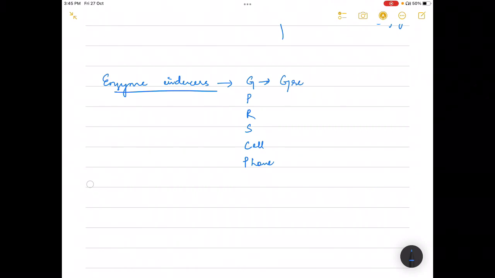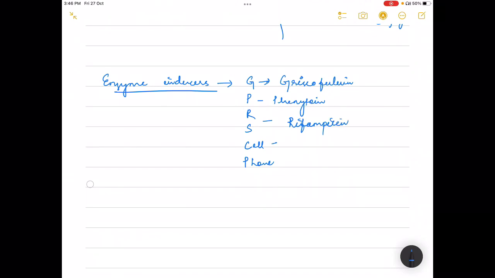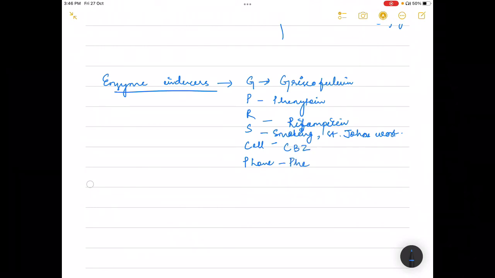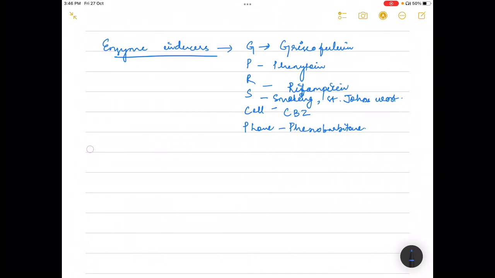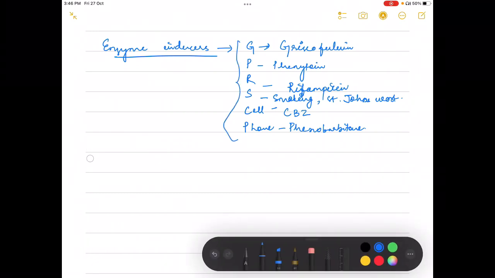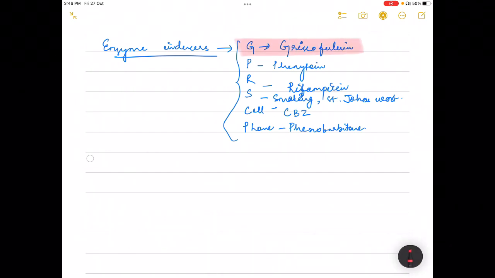For G, we'll remember griseofulvin, P for phenytoin, R for rifampicin, S for smoking and St. John's wort, C for carbamazepine, and P for phenobarbital. So these are the enzyme inducers.